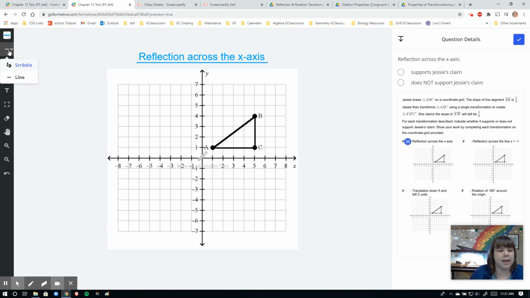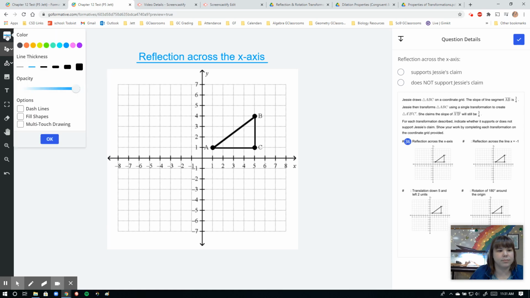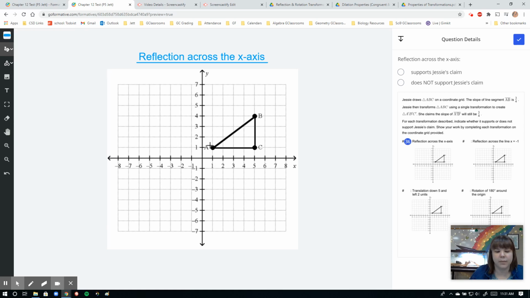So I'm going to go ahead and plot some points. Make it a little bit bigger. So we've got 1, negative 1, and that's going to be our A prime. And then instead of 5, positive 1, it's going to be 5, negative 1 for C prime. And then for B, it's going to be 5, negative 4.